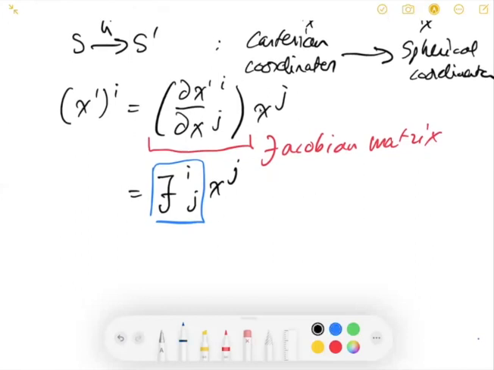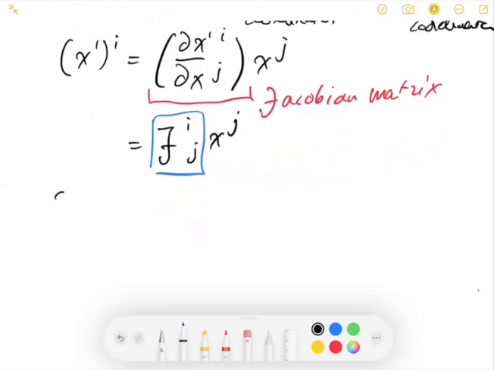So if we take a very, very simple example, let's say we have an x-axis, and we go to a new coordinate system where we double the axis, so we just make it 2 times bigger. Then in 1 dimension, that Jacobian is just 2.